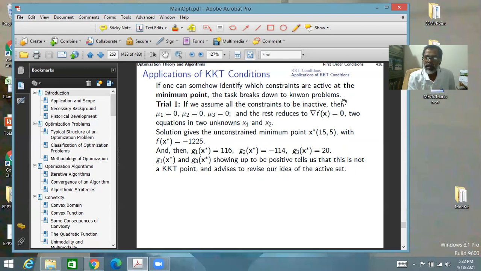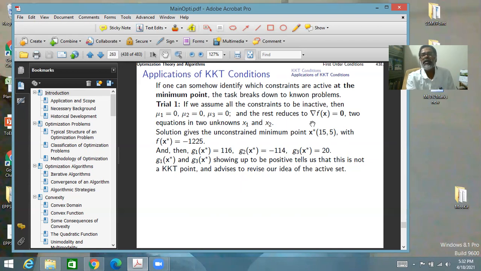Either unconstrained optimization or correspondingly solution of equations, something of this sort. So we don't know which constraints are active at the minimum point, so we make trials. In this particular example, in the beginning, suppose we assume that all constraints are inactive. And that means all the three Lagrange multipliers are 0.